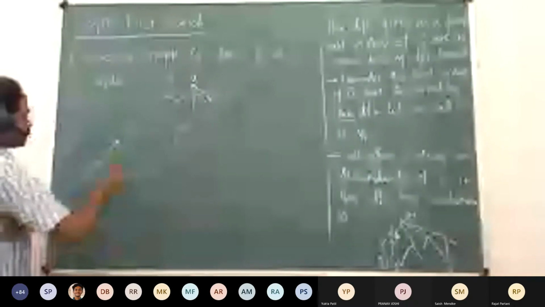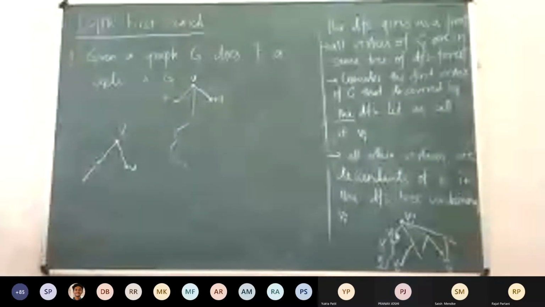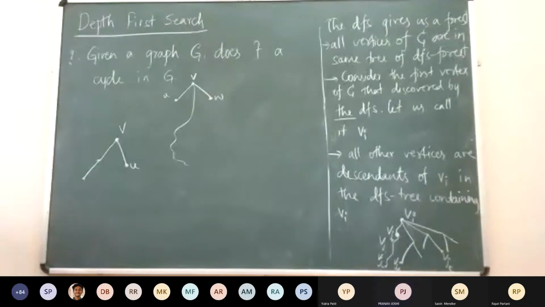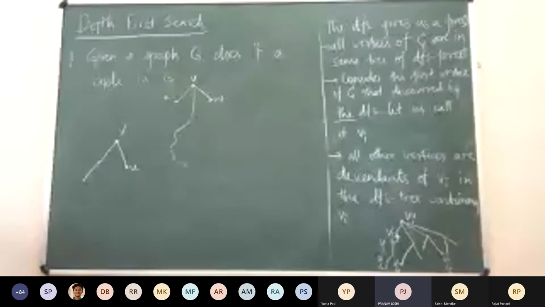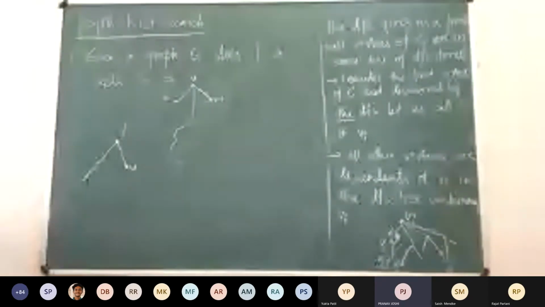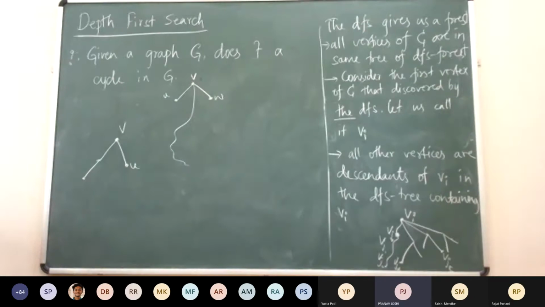But suppose you discovered U here. Then we'll go on from U, discovering W at some point. Why will you discover W in the same branch? Either we have discovered W already, or there will exist an edge from U to W, because U and W are connected with a path.